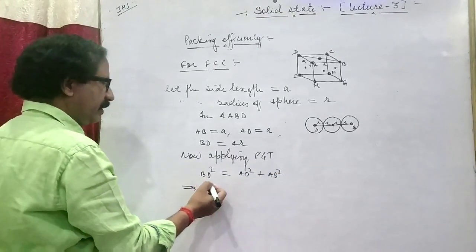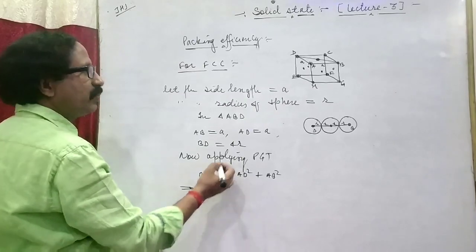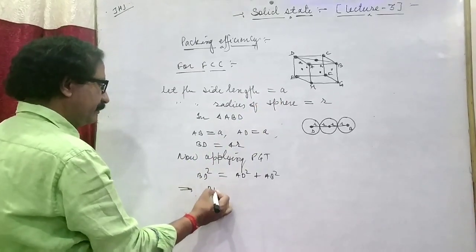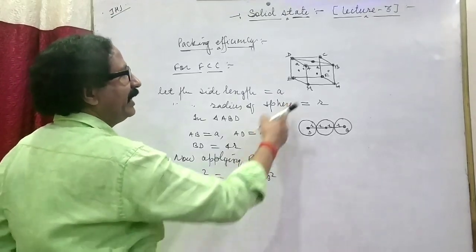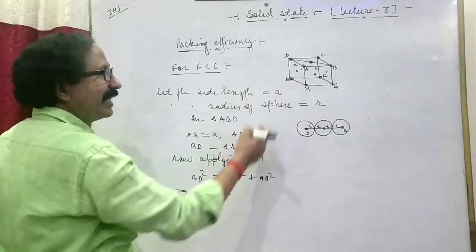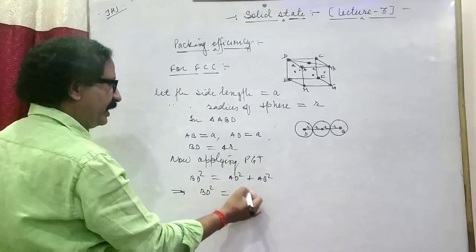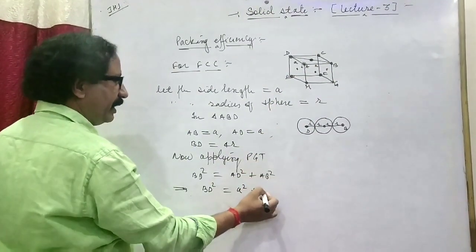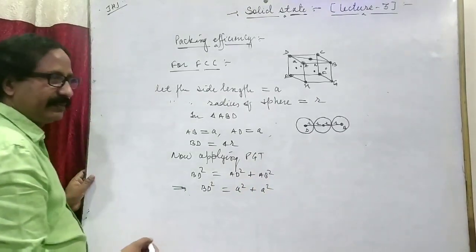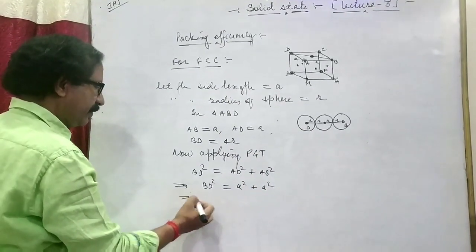Apply the values. BD square is equal to AD square. What is the value of AD here? A, because this is the side of the unit cell. A square. What is the value of AB here? A. Therefore A square. Okay?